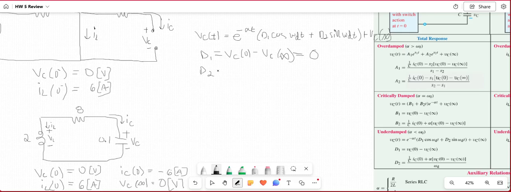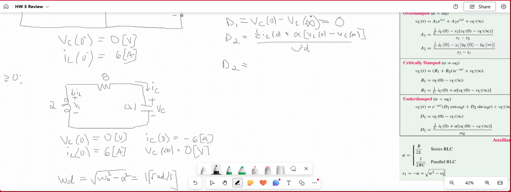D2 equals 1 over C times IC of 0 plus alpha times VC of 0 minus VC of infinity, all over WD. When we plug in our values, IC of 0 is negative 6, alpha was 2, and the alpha term gets canceled out by the 0, then divide by WD. You end up getting D2 equals negative 60.